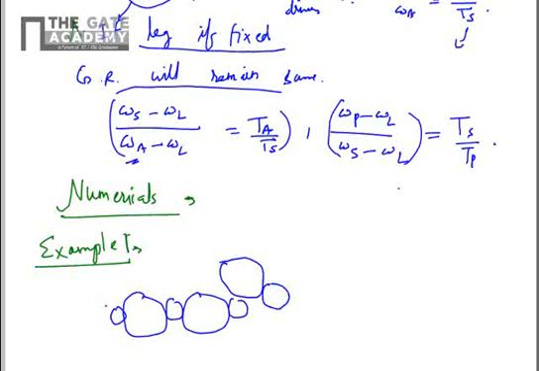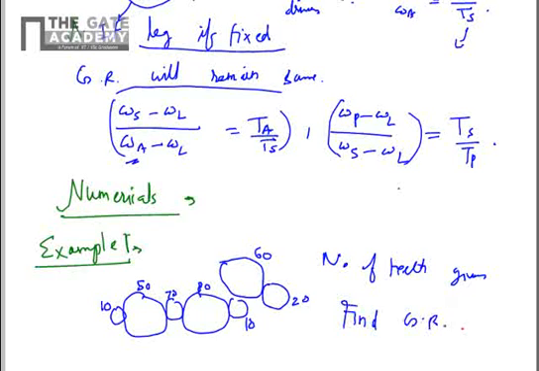The number of teeth of all the gears are given. Let's say this is 10, this is 50, this is 70, this is 80, this is 10, this is 60, and this is 20. So the number of teeth is given, and it is asked to find the gear ratio or velocity ratio.